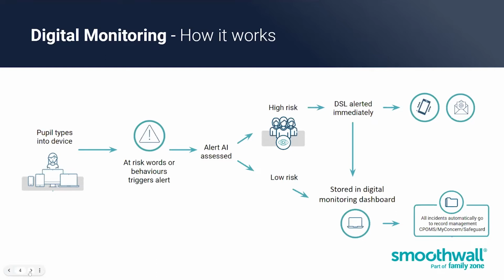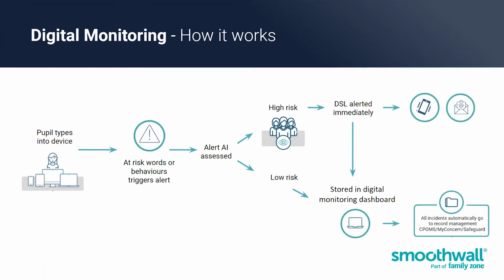So from an Ofsted perspective, that highlights a really strong e-safety process, because not only are you able to highlight the risks, and not only are you demonstrating that you are proactively looking at these risk words and risk behaviors, you can then demonstrate how that information is directly being fed into your record management software, which is when you would then demonstrate the action being taken by the DSL. So whether it's a meeting with a parent, a communication with the student, it obviously shows a very strong and robust e-safety process.